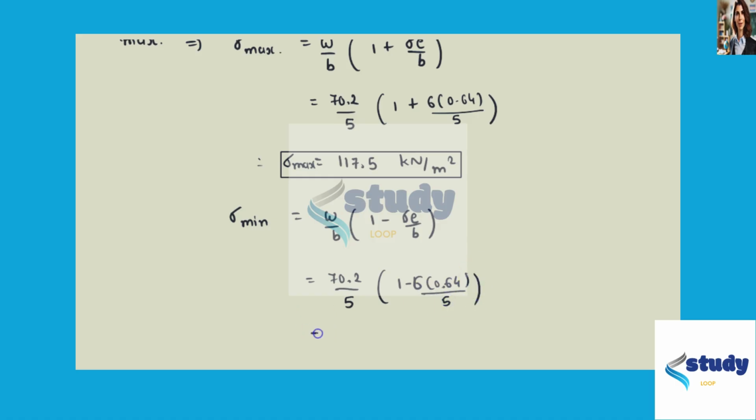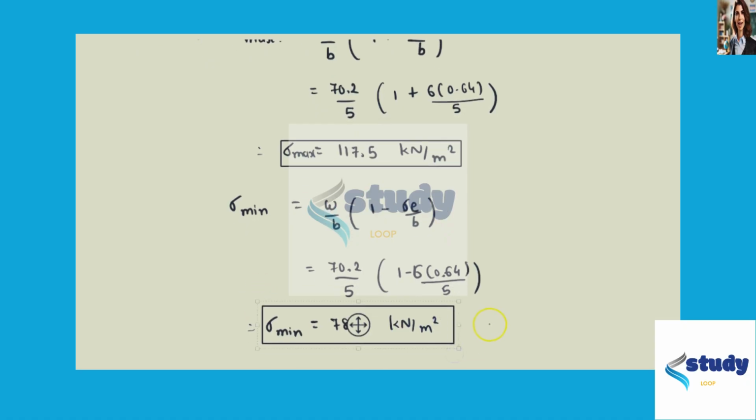On further simplification, we get sigma minimum equal to 78.8 kilonewton per meter square. So this is the second value of this question. The minimum and maximum stress both are the same or comparatively different.